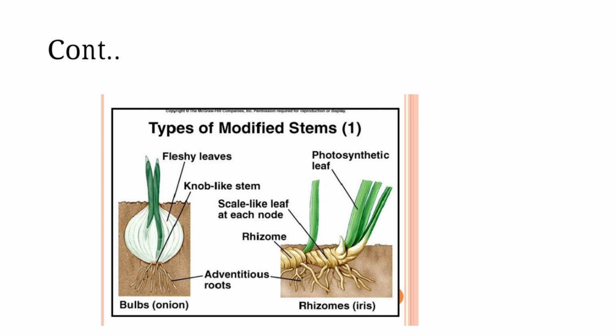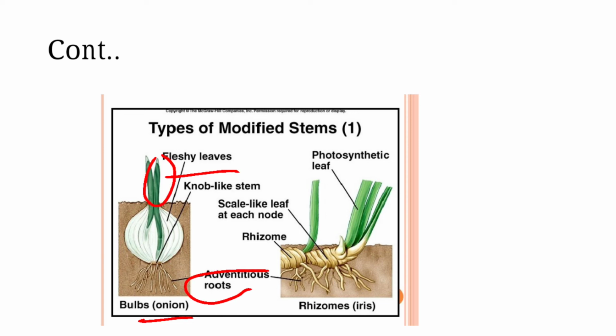This is just a more detailed diagram trying to label each and everything on some of the examples we have been talking about. This is an onion bulb. It is having fleshy leaves for food storage and adventitious roots that help to support the stem to grow into a new younger shoot, as you're seeing it up there.